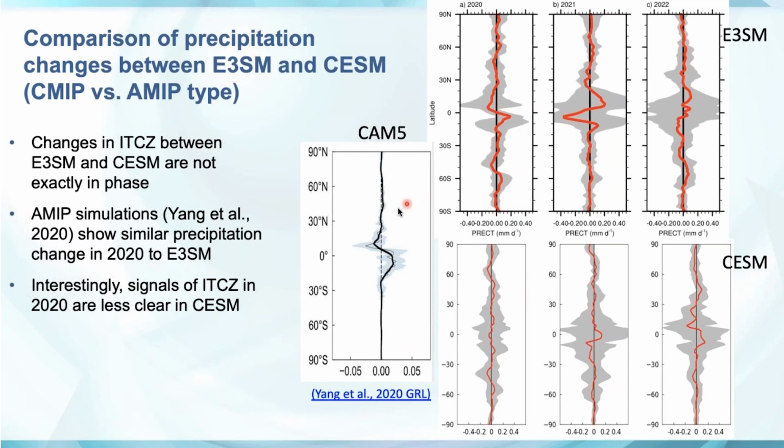And if we compare it to an earlier study by Yang et al. with the EMIB type simulation with fixed SST and CIs, actually the response in E3SM in year 2020 is very similar to the EMIB CAM5 simulation. Although CAM5 is the same atmosphere model as CESM, they're very different in the first year even. So that means the ocean in this model probably has a stronger, faster response to the changes.